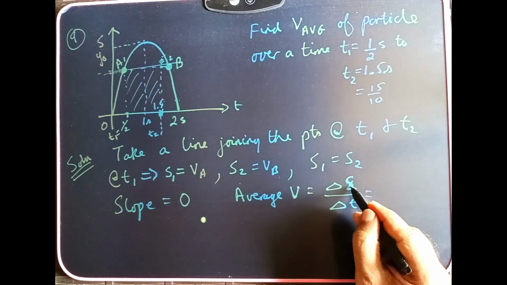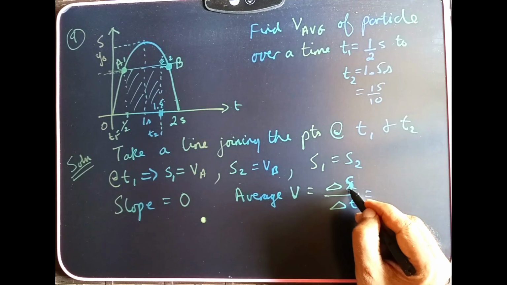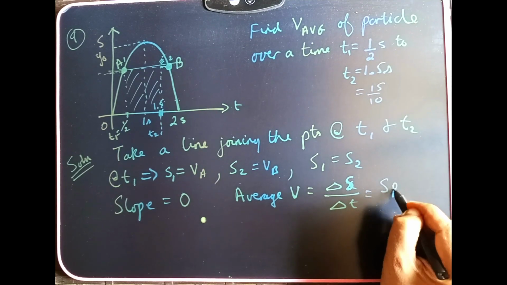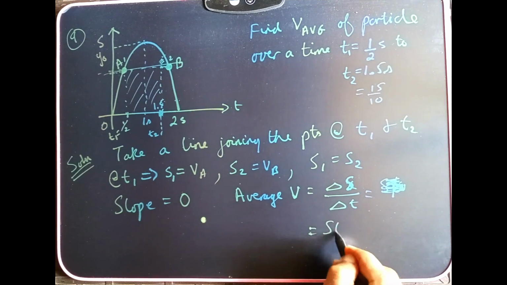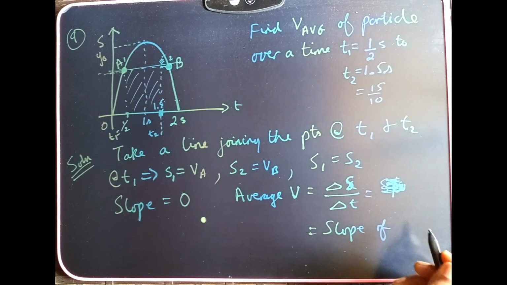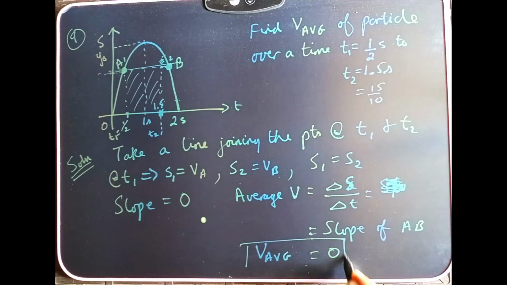So change in s by change in time is equal to the slope of AB, and the slope of AB is 0. So V average is 0 between points T1 and T2.